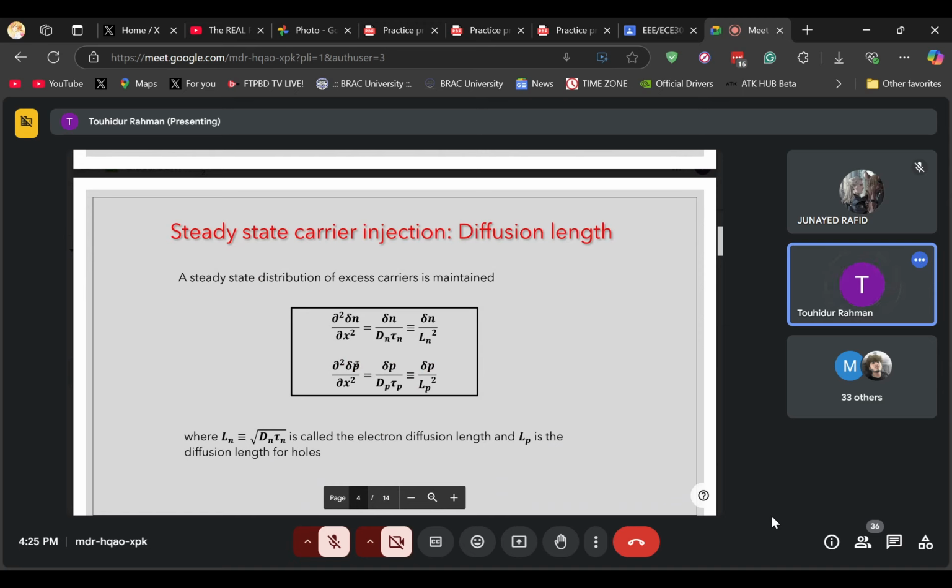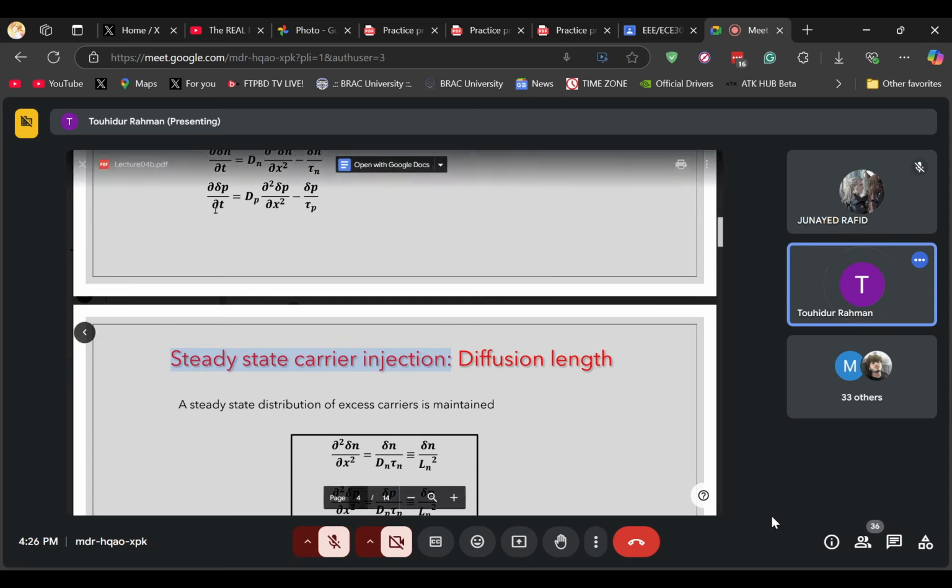So that's why they did lots of study, and they came up with this idea of steady state carrier injection. What is steady state? Steady state means no change with time. So in this equation, we see there is a term which is a derivative with respect to time.